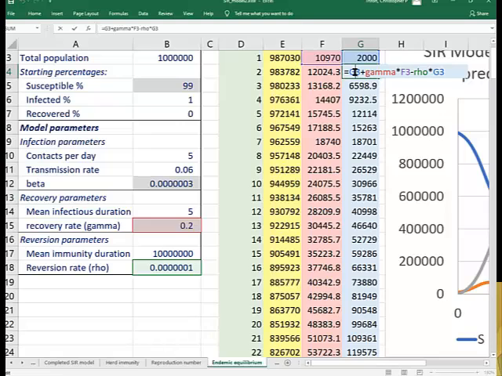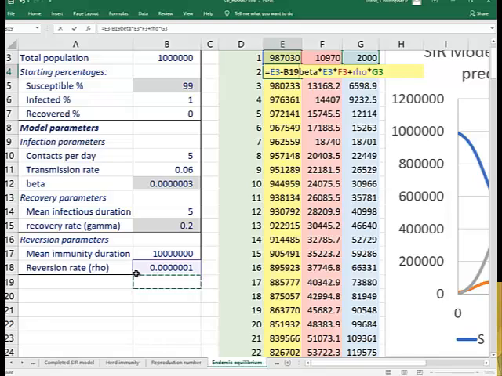If you look here, I've added this term minus rho times G3. That means that the number of recovered individuals is reduced by the reversion rate times the previous number of recovered. I've also changed this formula here to add those recovered individuals who become susceptible.